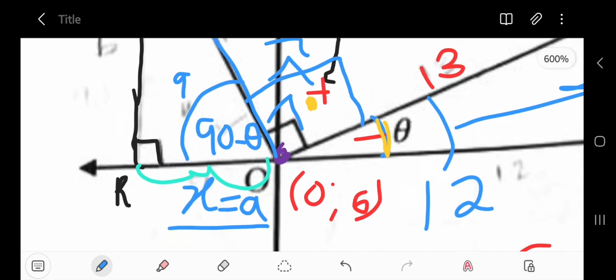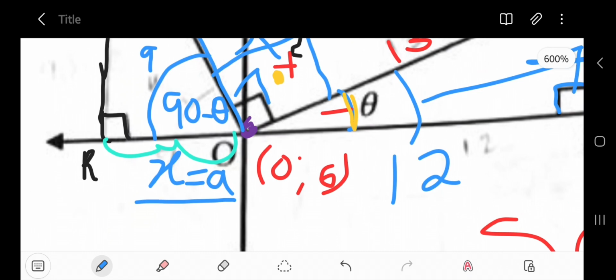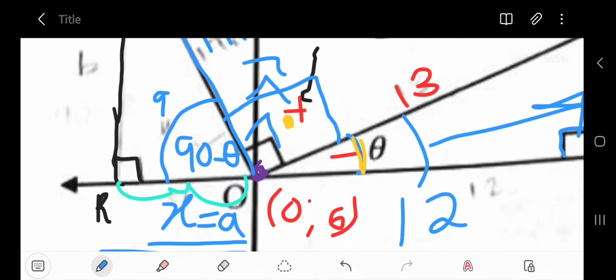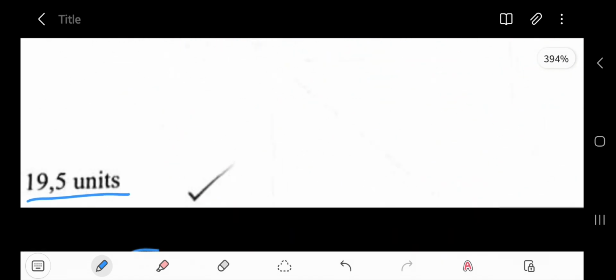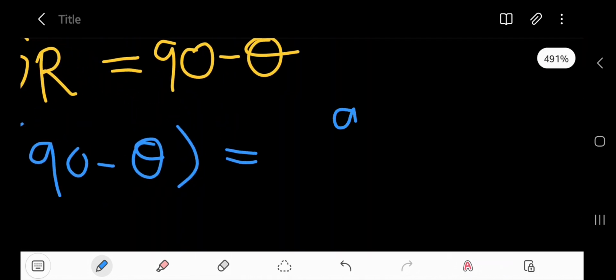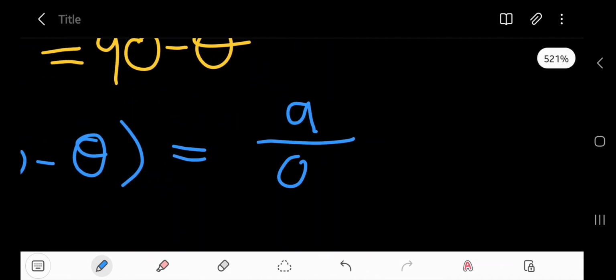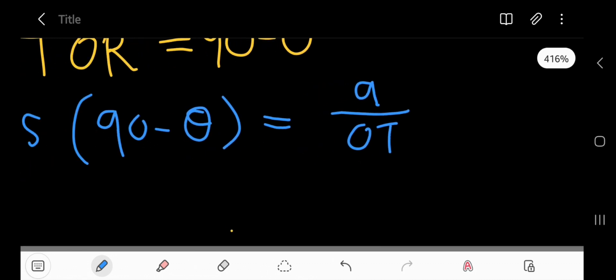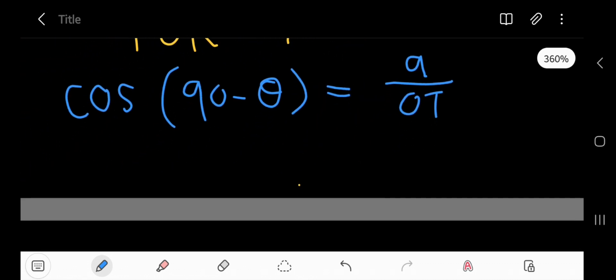So cos of this angle is adjacent, which is the A, the x value of this T coordinate that we're looking for, equals A over our hypotenuse, which is OT. Remember, OT we've been given, so we are on our way to the answer.